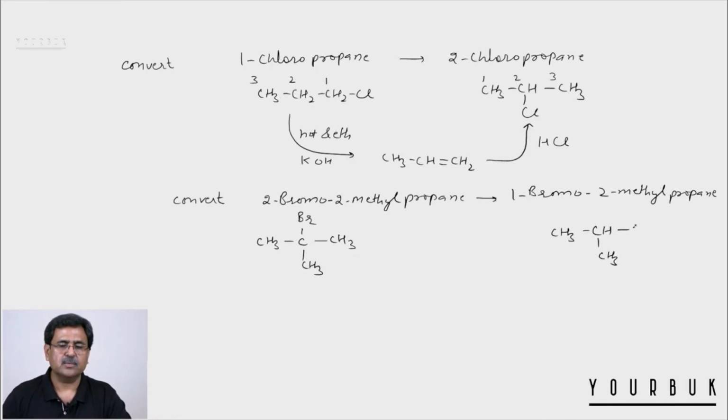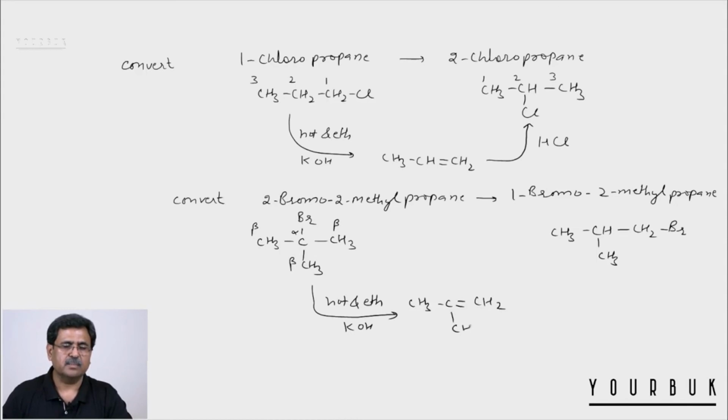If you look at these two structures, there is no change in the carbon skeleton. Only the position of bromine is different, from number 2 to number 1. So again the reaction proceeds via alkenes. We convert this into an alkene using hot and ethanolic KOH. In this 2-bromo-2-methylpropane, all three beta carbons are identical, so you eliminate an H plus ion from any beta carbon and only one alkene is formed.